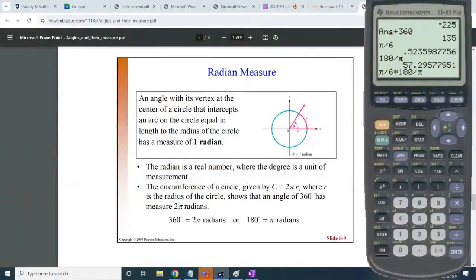Now if I hit enter, I'm going to get 30. All right, so that radian is understood to carry 57.3 degrees. So whenever you write out a radian measure, technically you're supposed to write the word radian out in order for that radian to actually equal that degree measure.